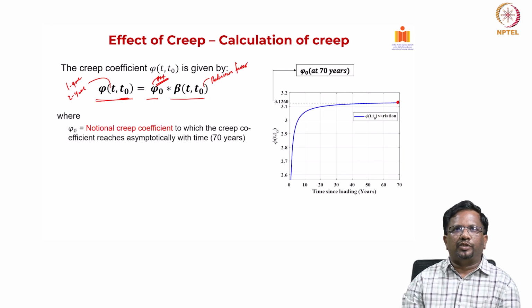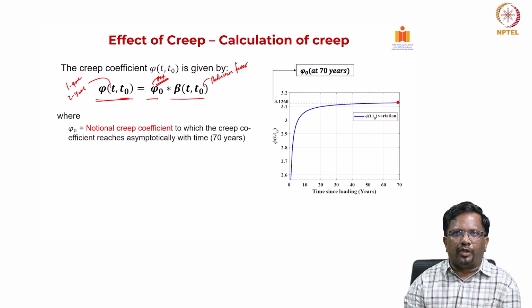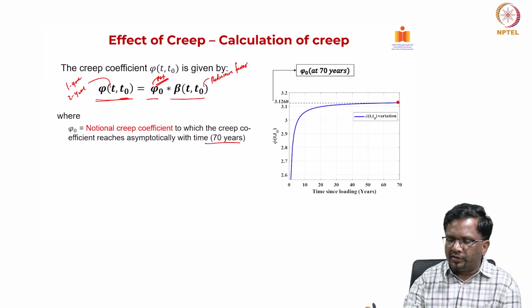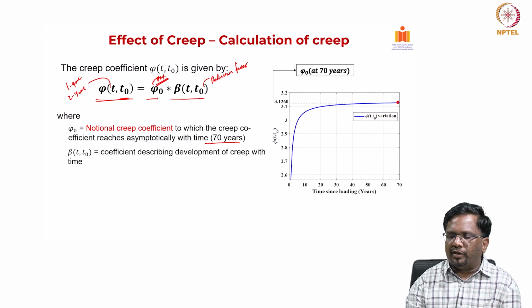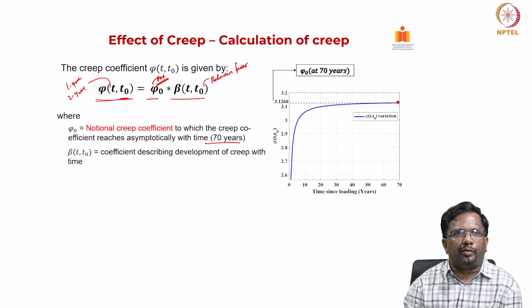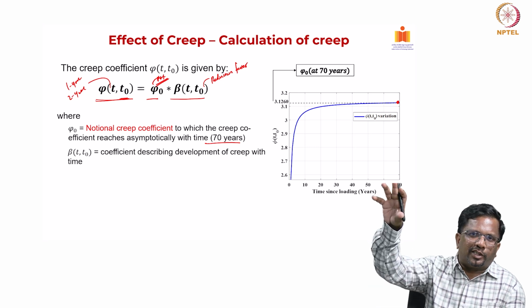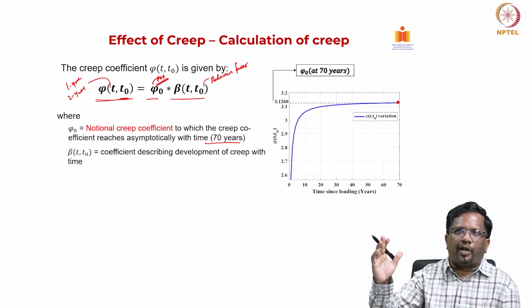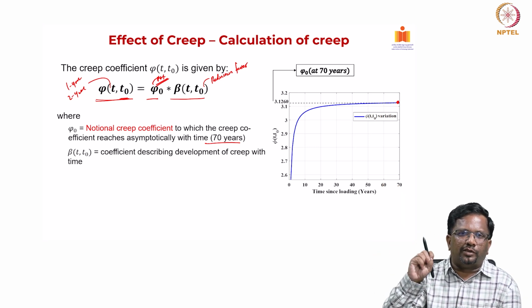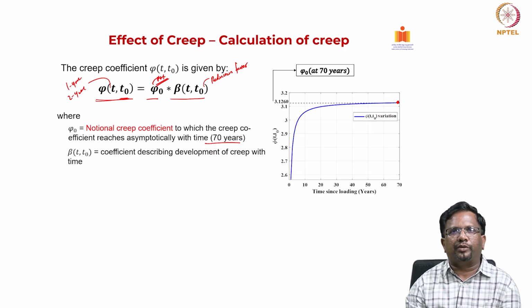Now, you see here, this is where the creep coefficient reaches asymptotically with time at 70 years, and then beta t comma t naught is the coefficient describing the development of creep with respect to time. So, it is something like a reduction factor. I take the maximum value, and depending upon what time since the loading I am doing the calculations, I reduce it by that particular magnitude.